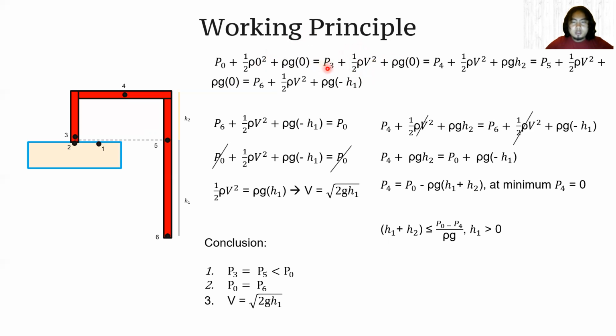Therefore, P3 equals P naught minus this term, so P3 will be less than P naught. Then P naught will be equal to P6 as I explained before, and the velocity will be this expression or this formula.